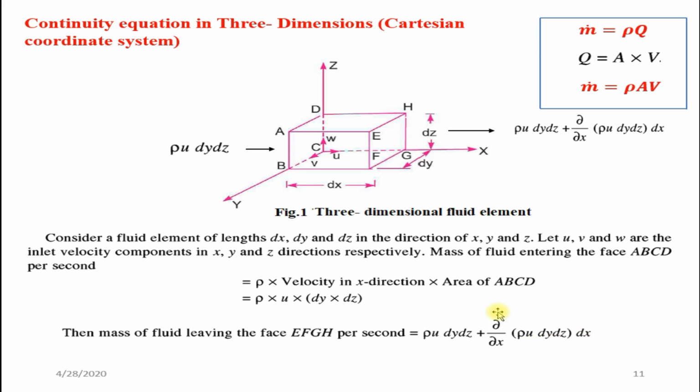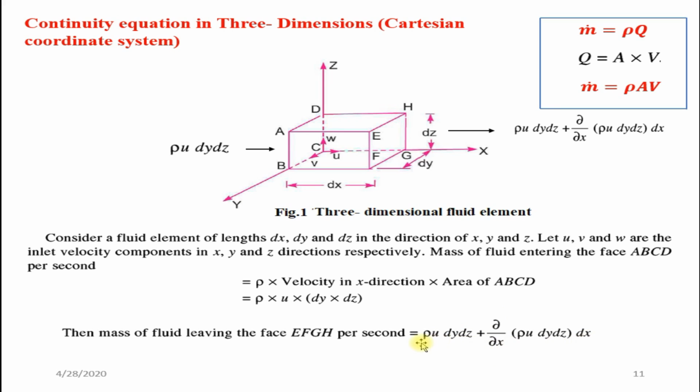This is the extra amount of mass, because as already explained, all the properties are considered to be uniformly varying as a function of time and position. After moving a distance dx, the mass flow rate at the EFGH face is given as rho u dy dz plus dou by dou x of this element into dx.